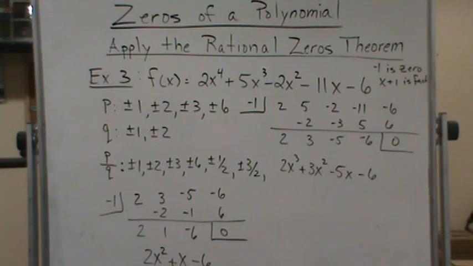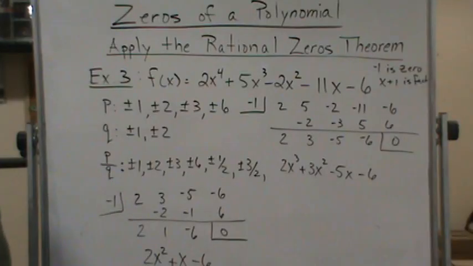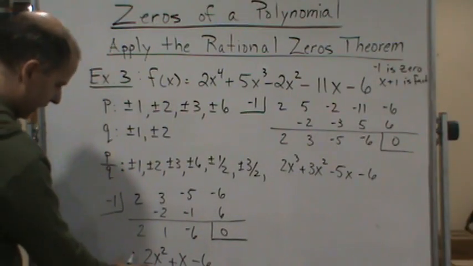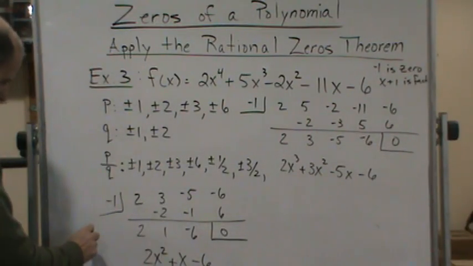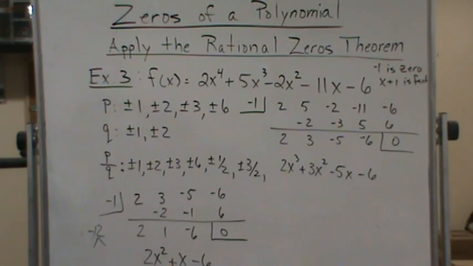And now I can use the things in my toolbox to factor this one, namely the AC method. I can take 2 times -6, which is -12. I'm looking for 2 factors of -12 that will add to +1, and that would be -3 and +4.